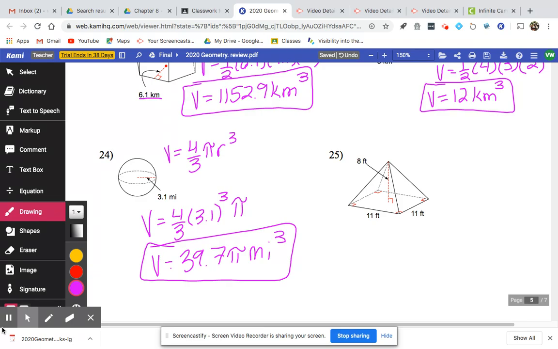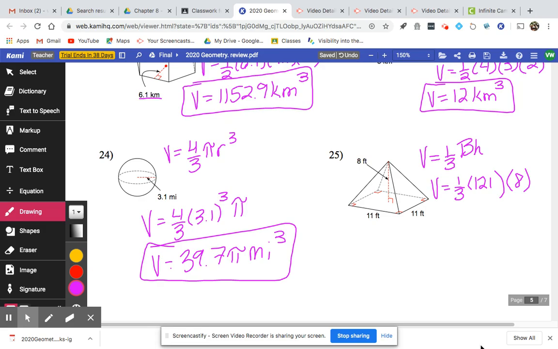Number 25, we need to find the volume of a pyramid this time. So the volume formula is 1/3 times capital B times H. So 1/3. Here I have a square. That's really convenient for us. The area of a square is just length times width. So 11 times 11, in other words, which is 121. And then we have the height, which is 8.